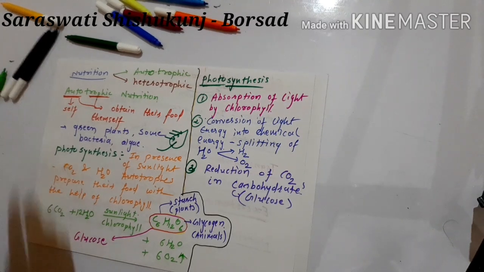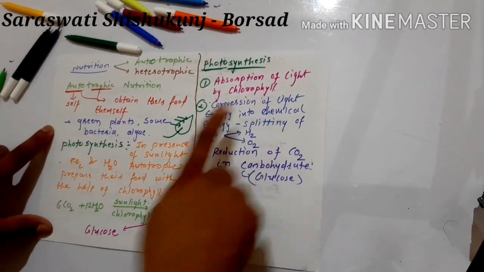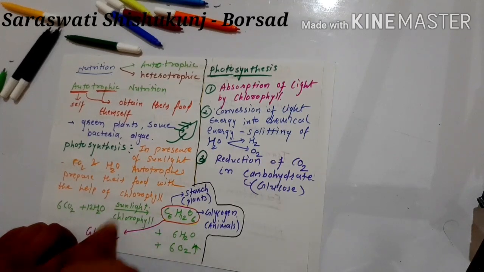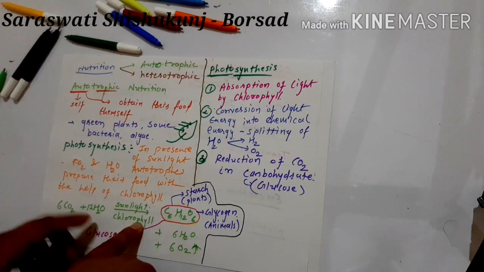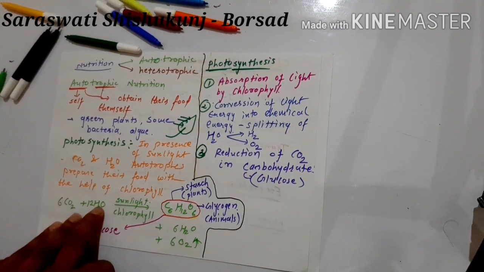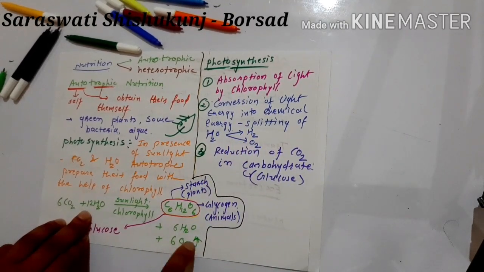Now let's check it. First, absorption of light energy by chlorophyll. Second, this light energy absorbed by the chlorophyll is converted into chemical energy. During this, the water molecule will get split into hydrogen and oxygen. Here we are getting the oxygen.